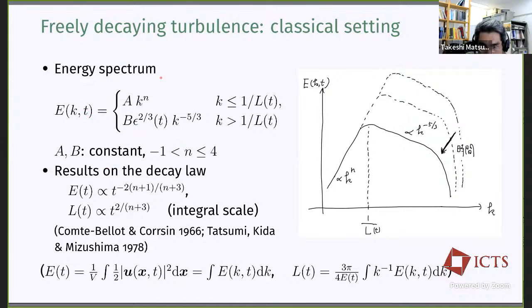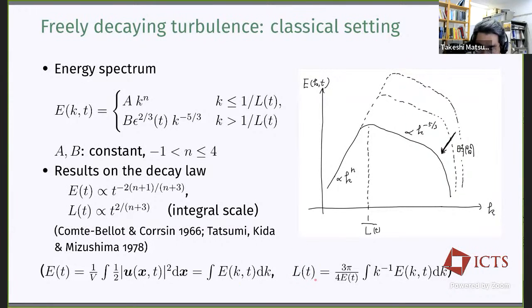If we assume this energy spectrum form, then we can derive in a phenomenological way how the total energy varies as a function of time, and also how the integral scale varies as a function of time. The total energy, again, is the velocity squared integrated over the whole domain, or the integral of the energy spectrum.